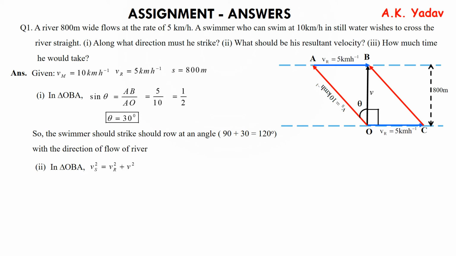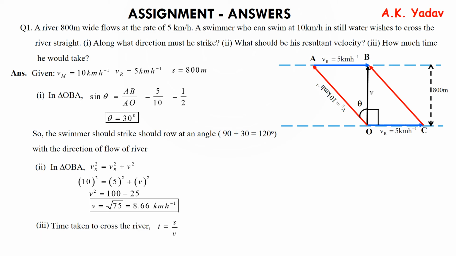In triangle OBA again, Vs square is equal to Vr square plus V square, which gives 10 square is equal to 5 square plus V square. So we get V is equal to under root of 75, that is 8.66 km per hour. That is the resultant velocity.